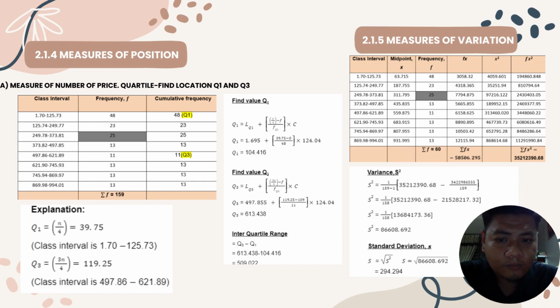For the measure of variation, for s squared we get 86,608.692. The standard deviation we get is 294.294.